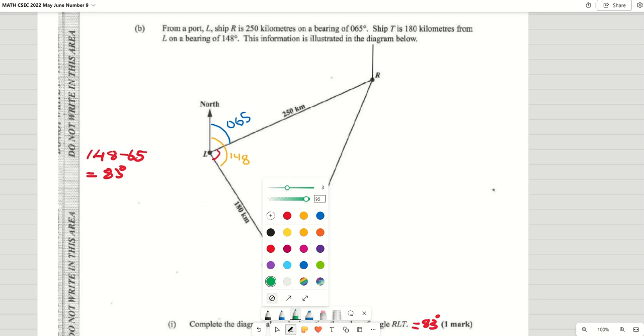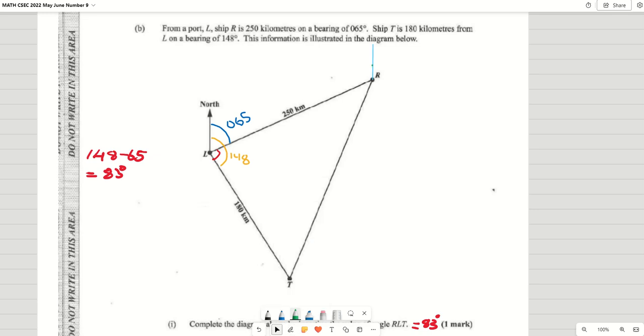So we want the bearing of T from R. Alright, we want this angle here, the green one.